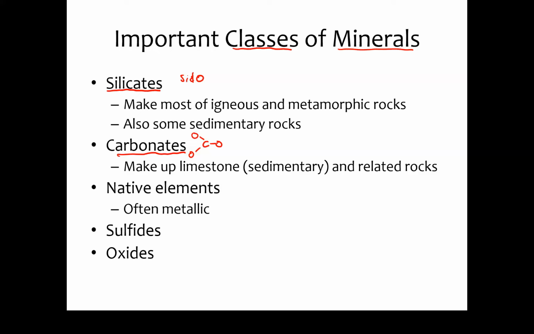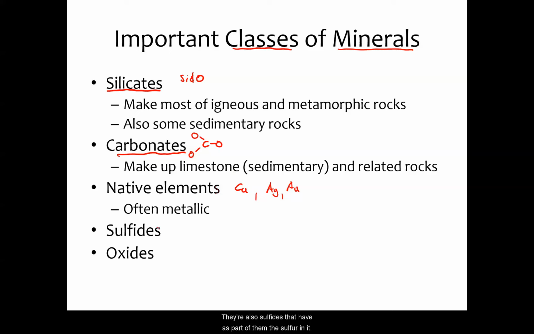So it's pretty simple. Native elements, that means that it only has the element itself and there are no anions or cations in it. These are often metals. So you might actually find natural native copper that's made only of copper atoms, or you might find natural native silver or gold if you get really lucky.